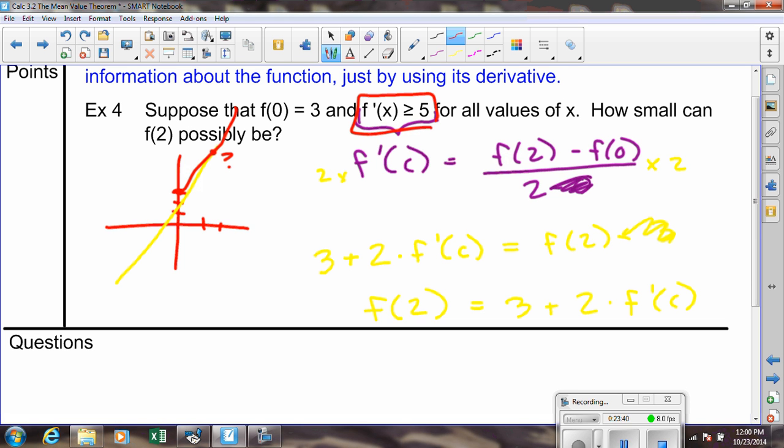Like when we were doing our epsilon delta definitions, this is a piece that we know is less than or equal to 5. So if we've got this piece that's bigger than 5, when we do a substitution, that tells us this piece has to be bigger than 3 plus 2 times 5. It's similar in concept to our epsilon delta substitution at the end. If you substitute a smaller number, then it's going to be bigger than the substitution.